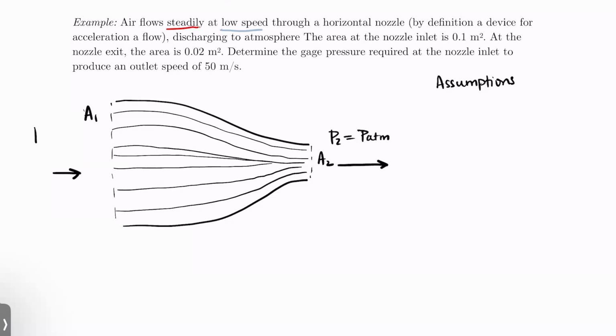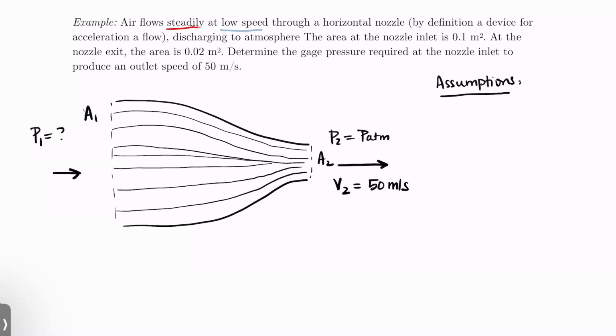And we want to find P1 over here. And we know that the velocity at the outlet is 50 meters per second.